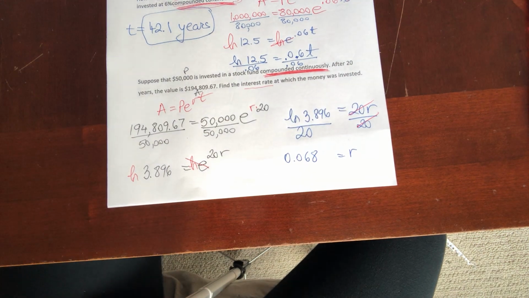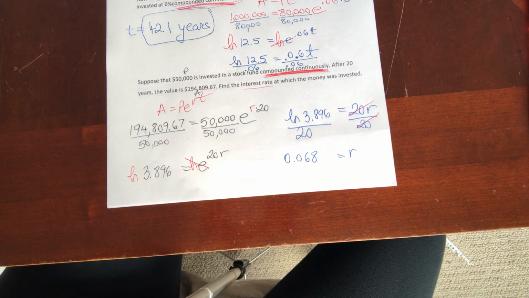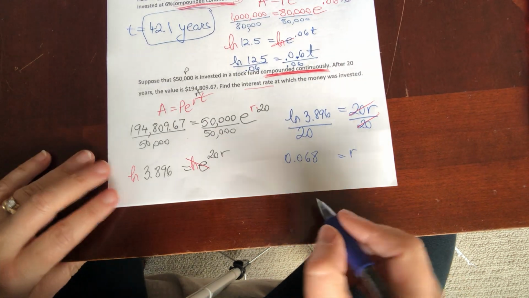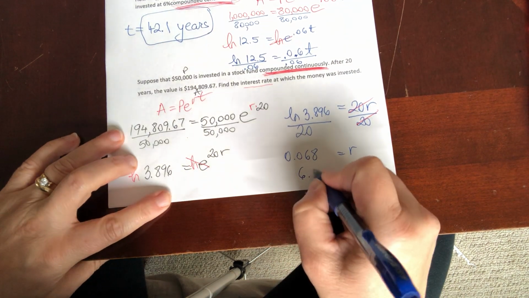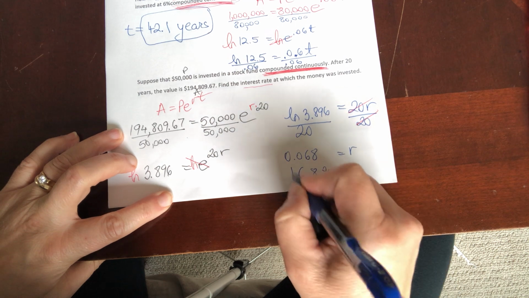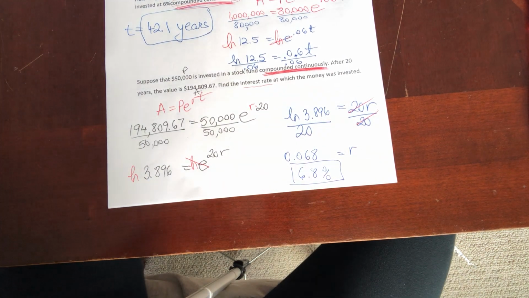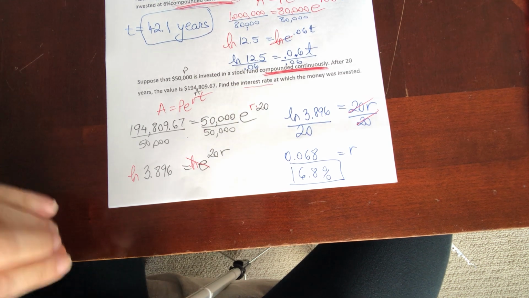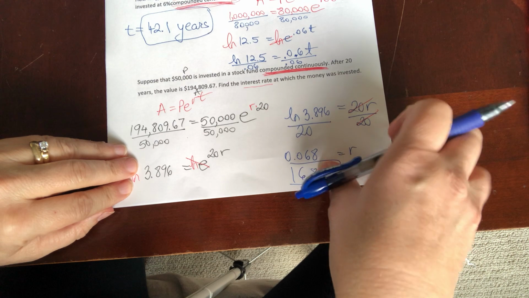If you put it in your calculator, apparently that's what it is. Okay, so again, an interest rate is always given as a percentage. So to make this pretty, you're going to write 6.8%. To attach the percent symbol, you multiply by 100, and then you can attach the percent symbol. Okay?